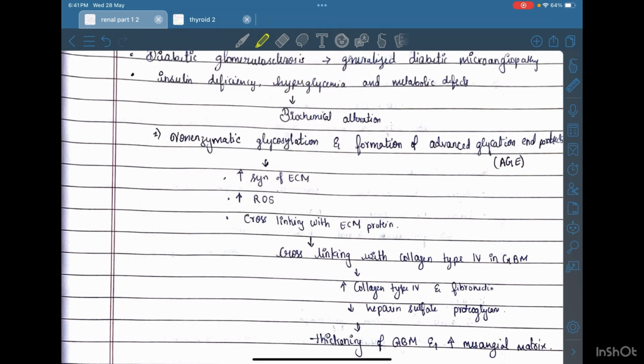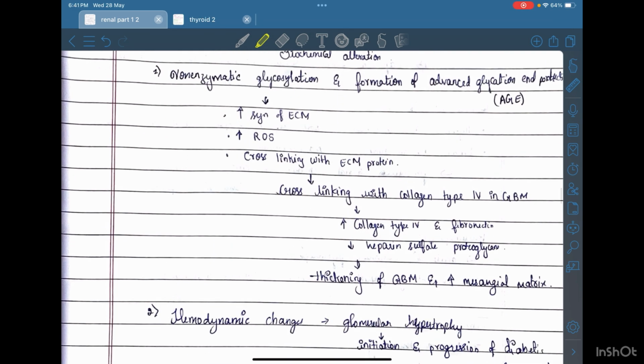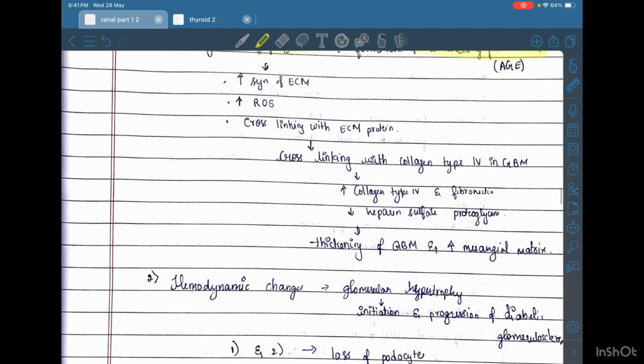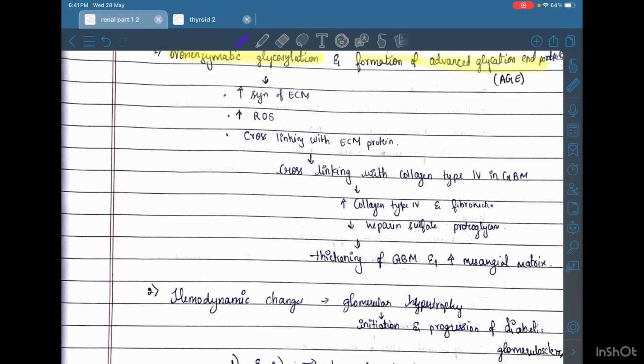First, coming to the pathogenesis: non-enzymatic glycosylation as well as advanced glycation end products stimulate the synthesis of extracellular matrix, increase reactive oxygen species, and cause cross-linking with ECM proteins.